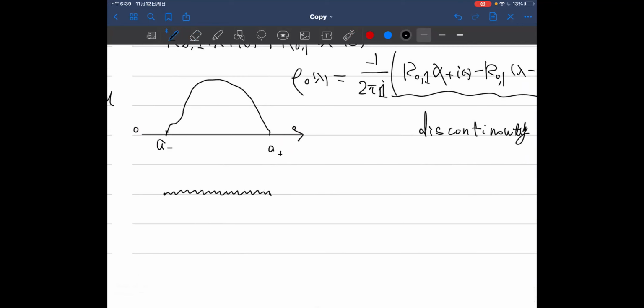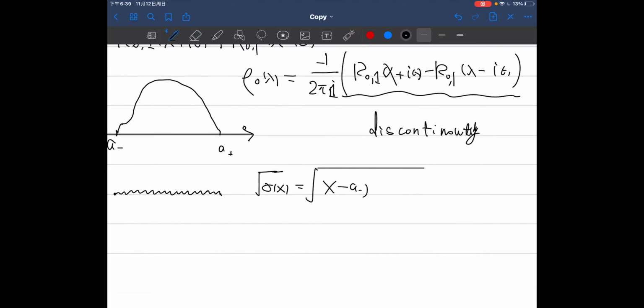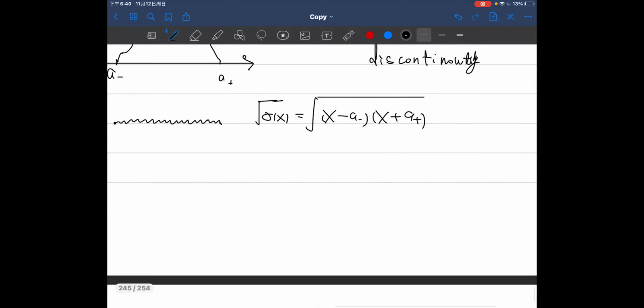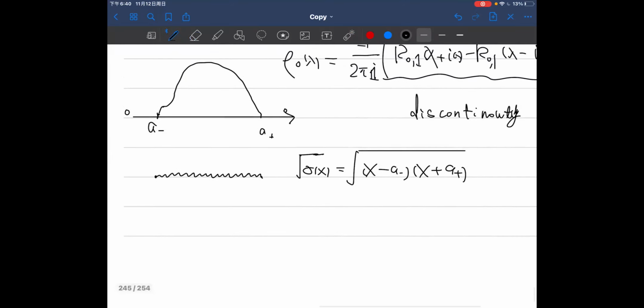It's quite easy to construct this function. It is the square root of sigma(x), that is x minus a minus times x minus a plus. Then what can I get? For the north side of the branch cut, the up side, we take the value x plus i epsilon, and for this side we take the value x minus i epsilon.